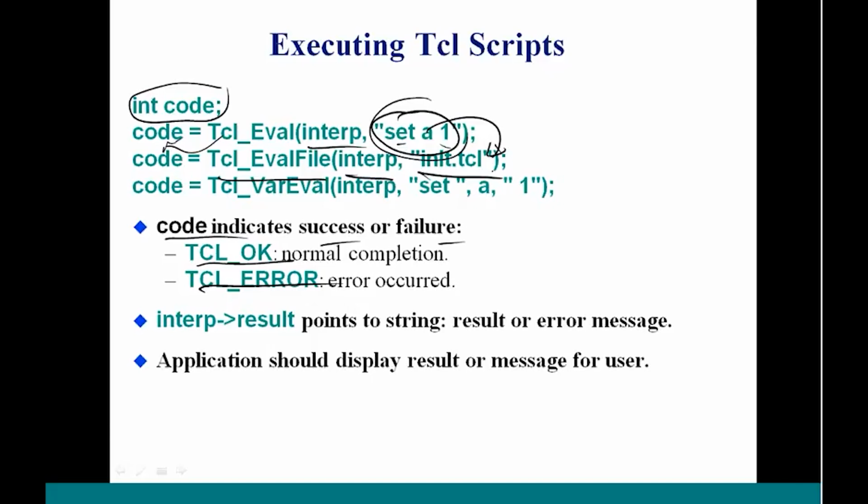And there is yet another third way to do the Tcl evaluation, which is Tcl_Eval with set a 1 as a string. Now the interp result points to the string, the result or an error message, and then the application will display the result or message for the user.